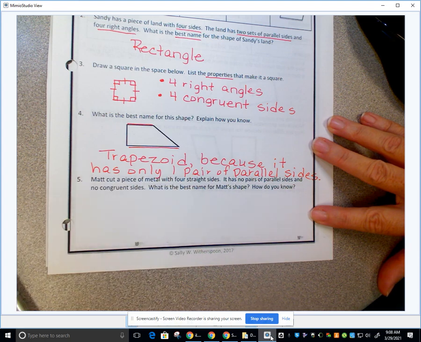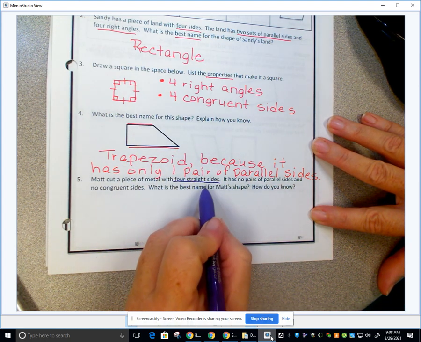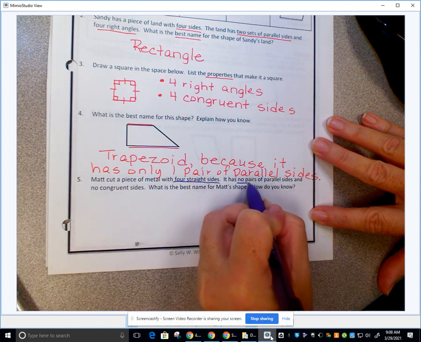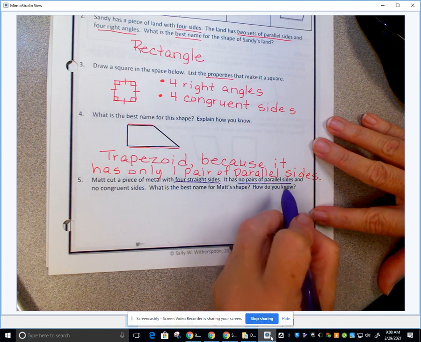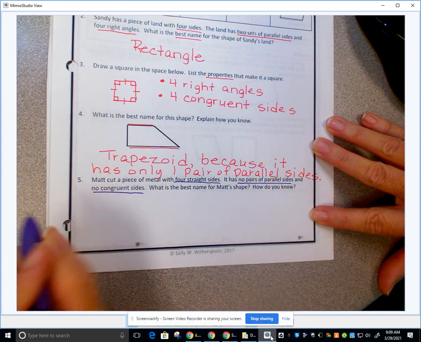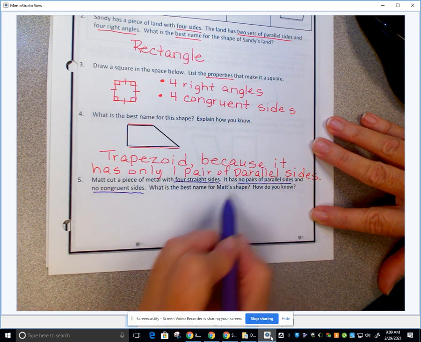Matt cut a piece of metal with 4 straight sides. Okay, so it's got 4 sides. We know it's a quadrilateral. It has no pairs of parallel sides and no congruent sides. What is the best name for Matt's shape?